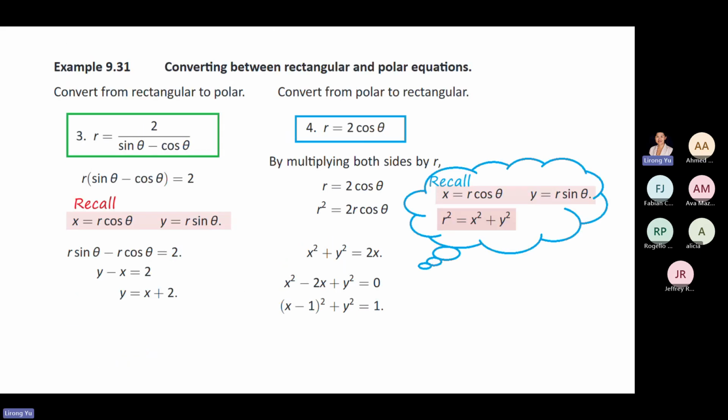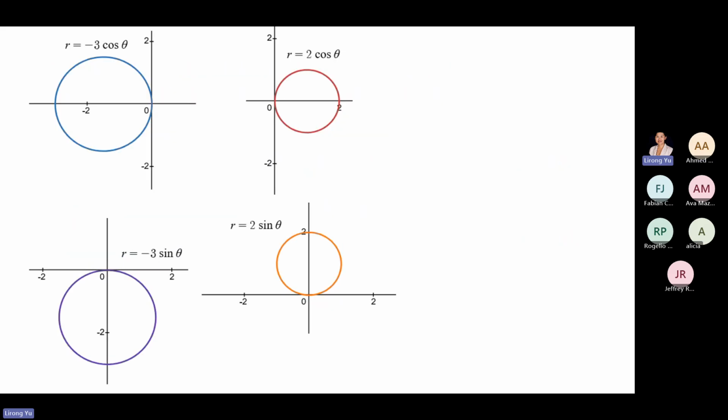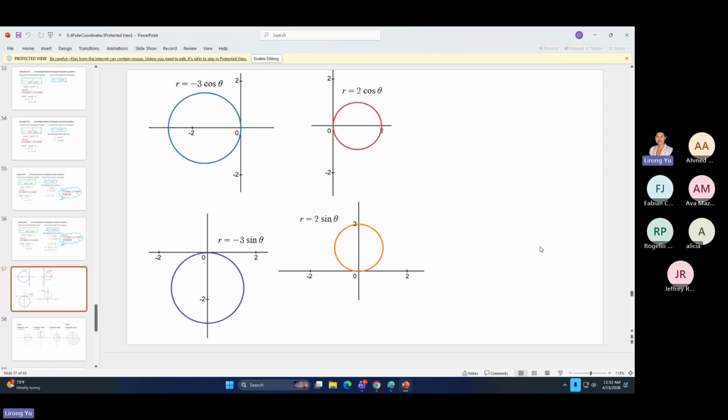All right, the rest of this section goes over different types of polar equations to represent different shapes. The first one is different kinds of circles that go through the origin. You see the origin is at (0, 0). Just want to make sure it actually shows everything. All right, so the top one, when you have r equal to cosine theta, it is a circle going through the origin, but it's on the right side of the origin.